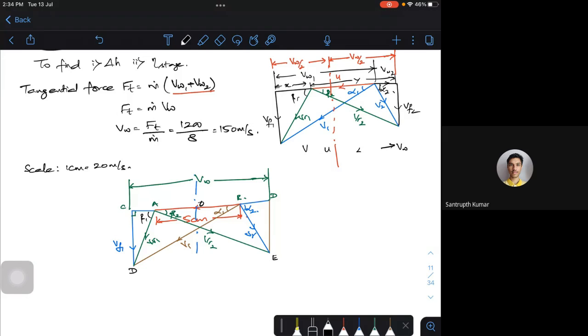That is not changing. This will be your VW1, this will be your VW2, and this will be your VF2. All the things we drew at the top, I can get the same using the graphical method.